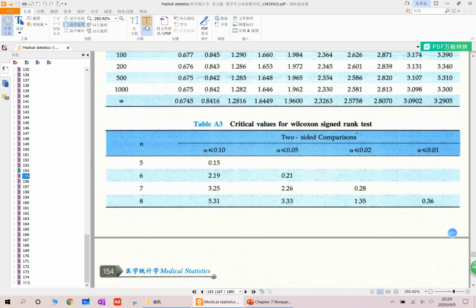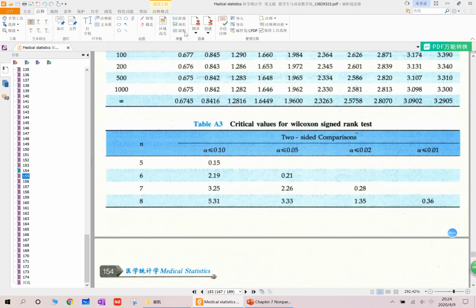We need to read the title of the table. The title for table A3 is Critical Values for Wilcoxon Signed Rank Test. So this table is only used for the one sample test or paired samples test.